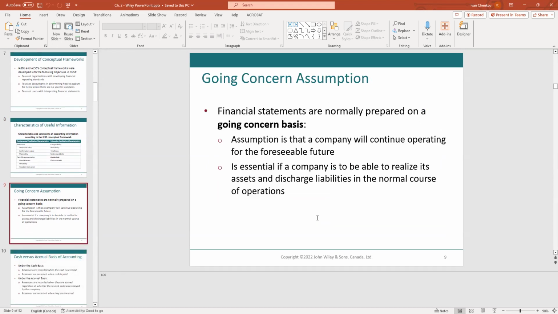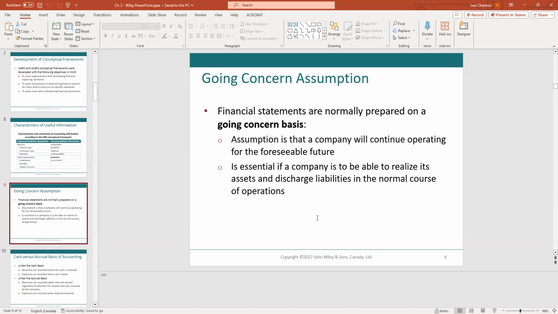One assumption that we're going to see is the going concern basis. We're always going to assume that the corporation or entity is going to continue to operate for the foreseeable future.